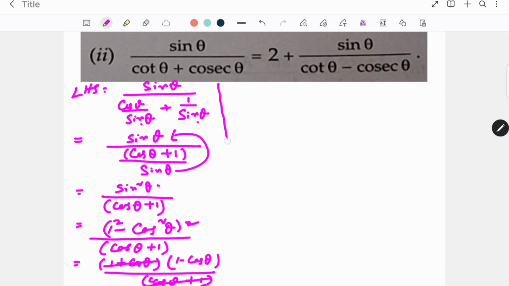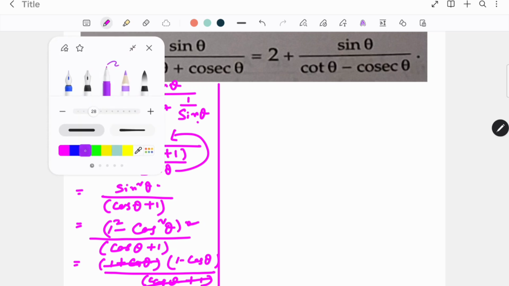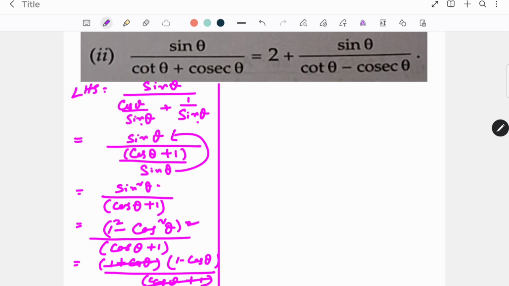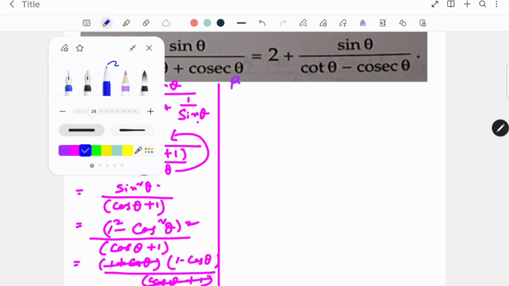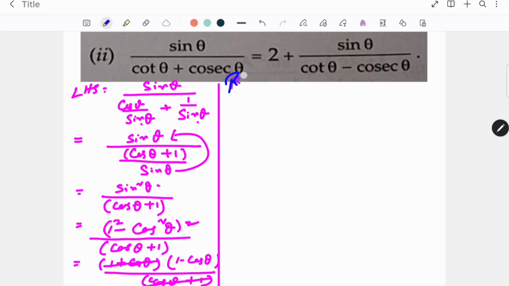Now see the RHS, how the RHS can be done. For the RHS, this 2 is kept as it is.